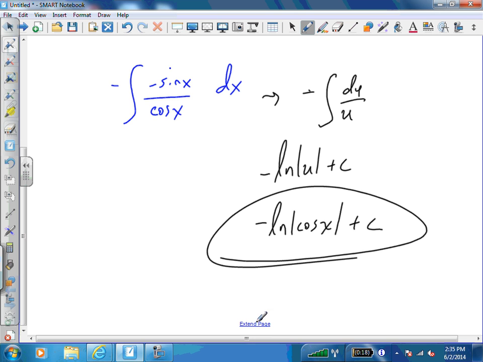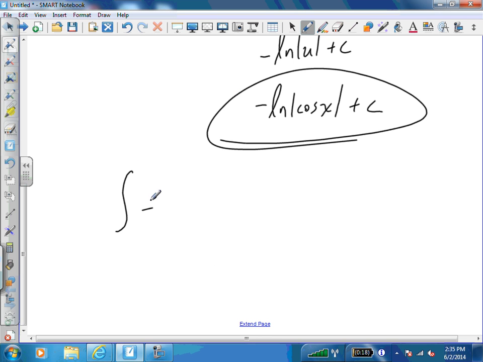They show that if we have tangent u du, that integrates into negative natural log absolute value cosine u plus c.